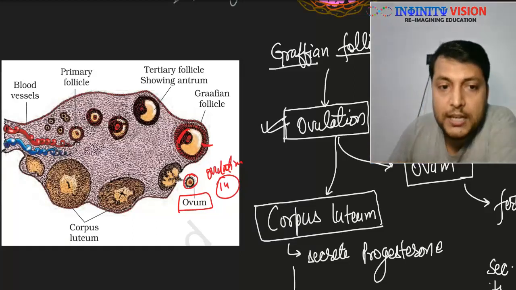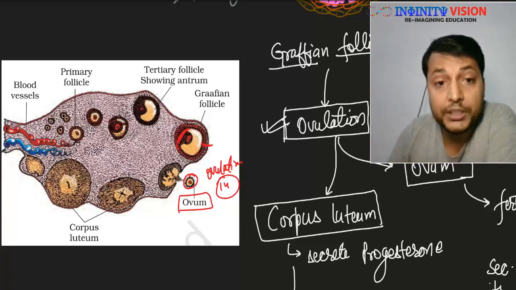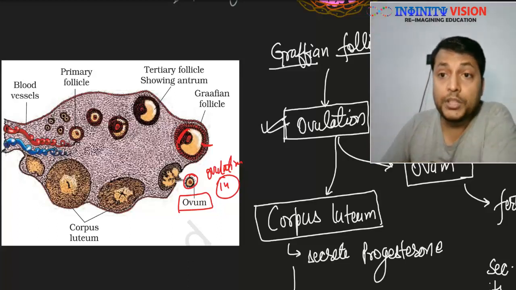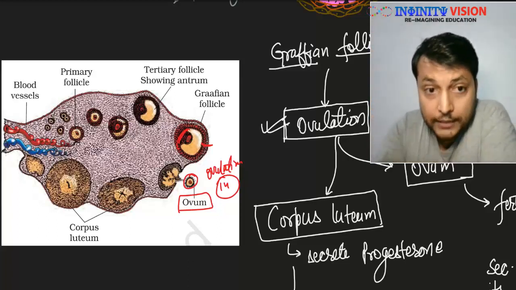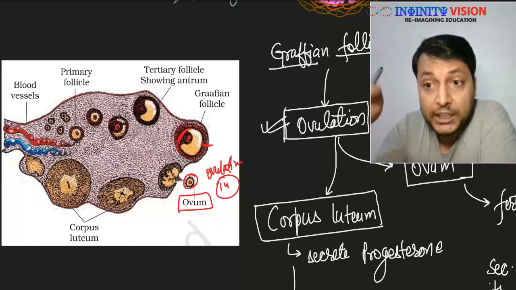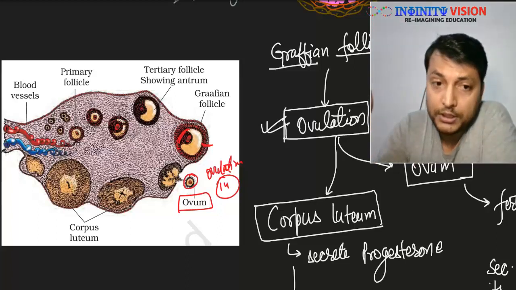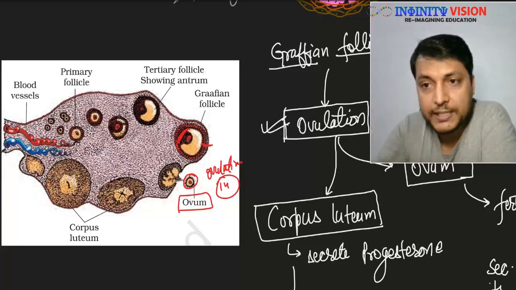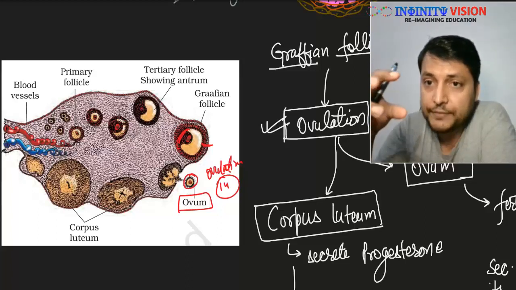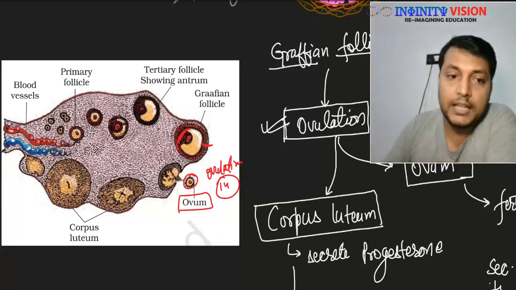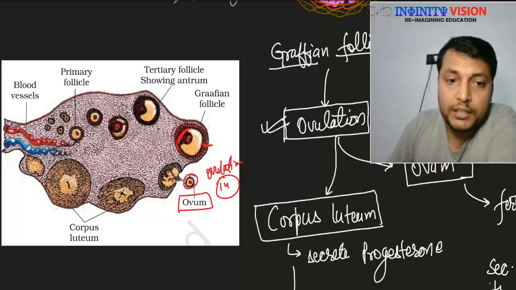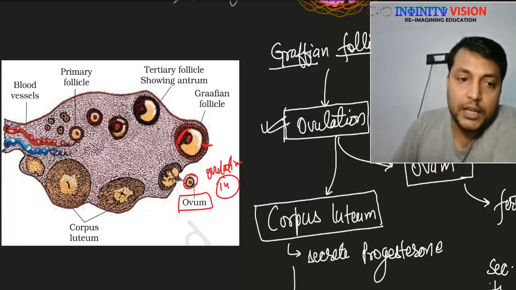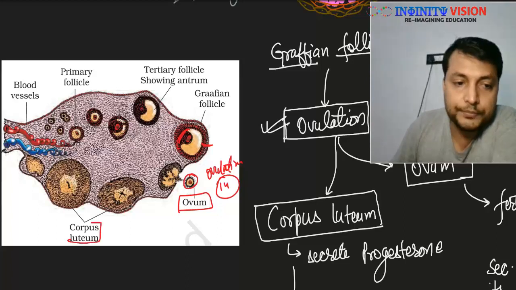Now, what is left in the ovary is the membrana granulosa and the theca cells of the ovarian follicle. The ovum has been released, and whatever of the Graafian follicle is left will rearrange itself to form the corpus luteum.